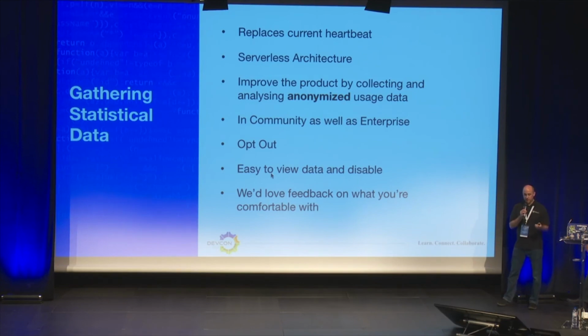It will be easy to view the data that we actually send, and easy to disable it on a fairly granular level. We'd love feedback on that and what you're comfortable with being shared. Richard Esplin is the product manager for the repo side, so I'm sure he'd love to hear feedback on that particular subject.